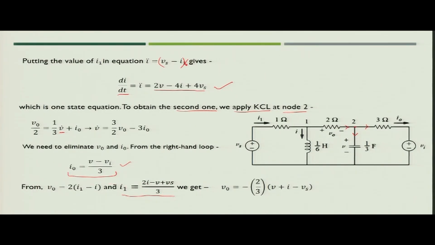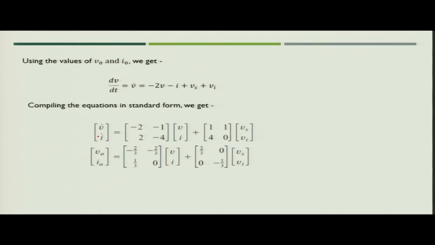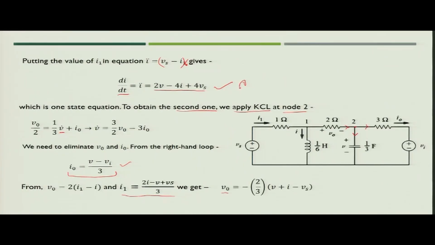So, if you put the value of I1 in this equation and simplify, we get V naught is equal to minus 2 by 3 into V plus I minus Vs. Now, we have got the value of I naught and V naught, we put these values in the above equation and simplify. When we simplify, we get dV by dt, that is V dot, is equal to minus 2V minus I plus Vs plus VI. So, now you have got the second state equation, this was the first one.